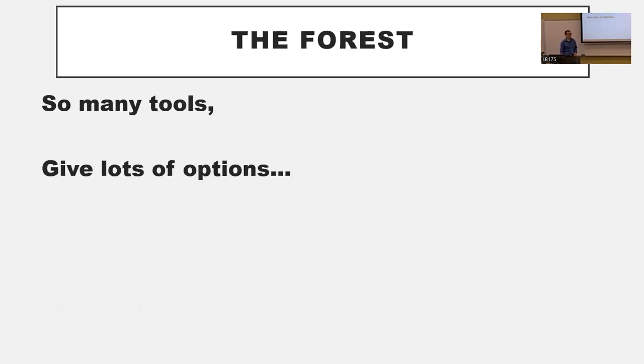Okay. Again, go back to our forest analogy. Because we have so many tools, we're going to have a lot of options. And this is where some people get frustrated with this chapter, because they'll say, well, where do I start? There's no clear sign that tells me to use this tool or this tool. And again, you just have to learn to navigate the woods, right? Navigate through the forest.